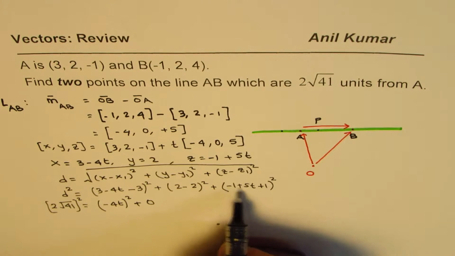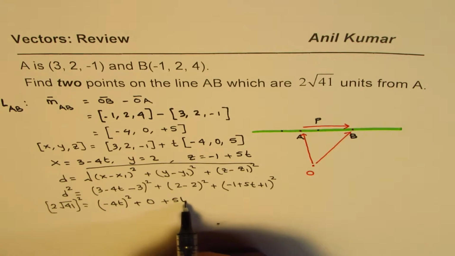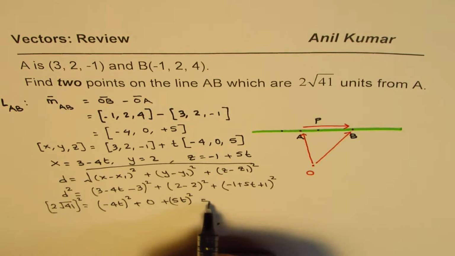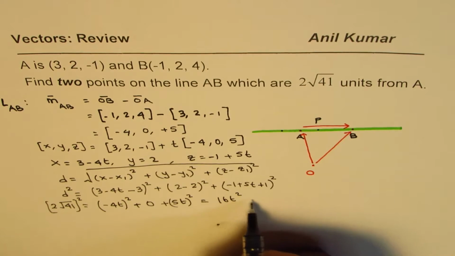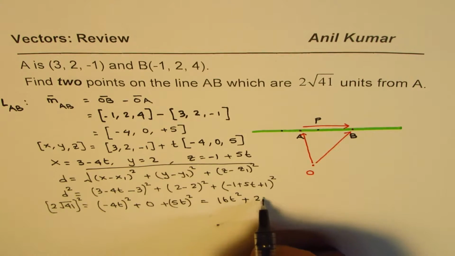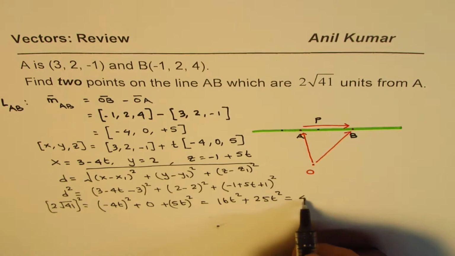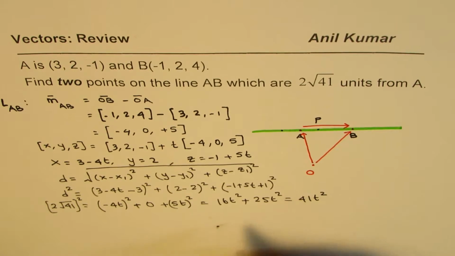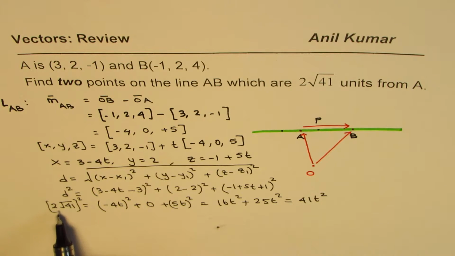And here -1 plus 1 is 0, so we get (5t) squared. Now let's combine these: 16t squared plus 25t squared gives 41t squared. This equals 4 times 41.